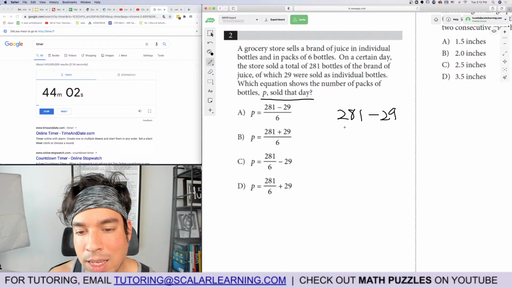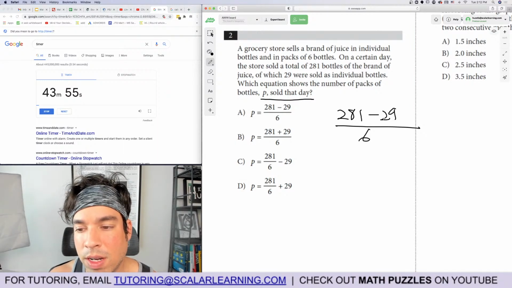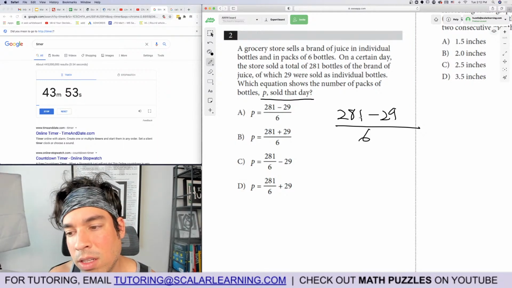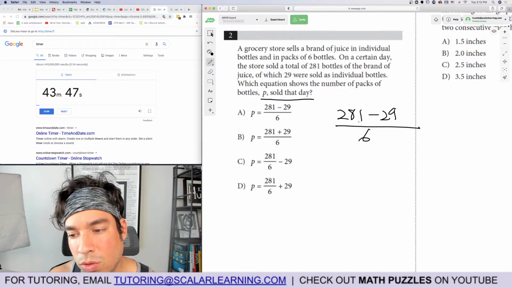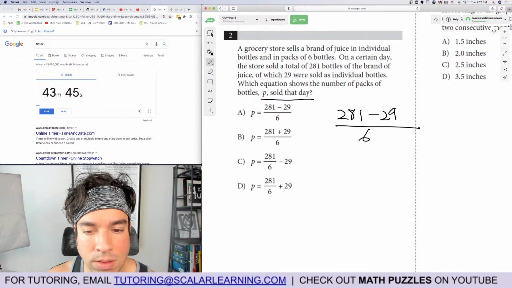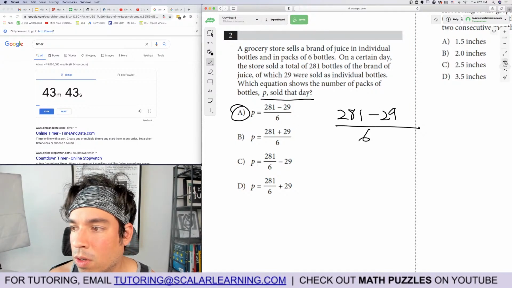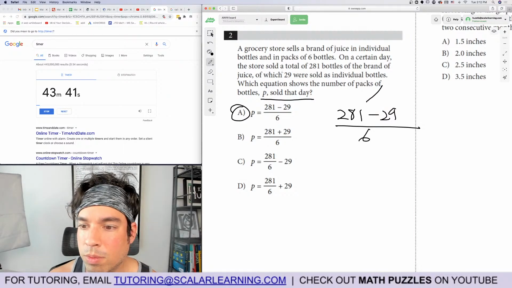And then if we want the actual number of packs, we divide by 6, because it would be the bottles divided by 6. Not that we need to calculate this. But it doesn't matter. That's the winner. Next.